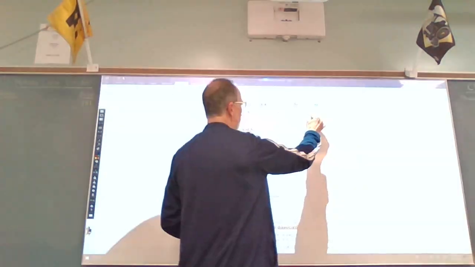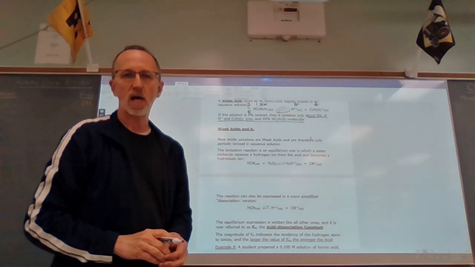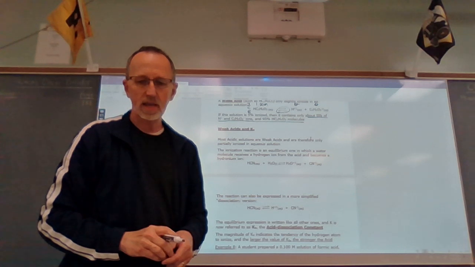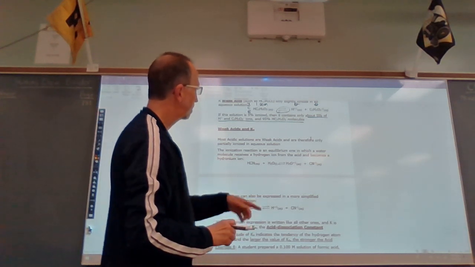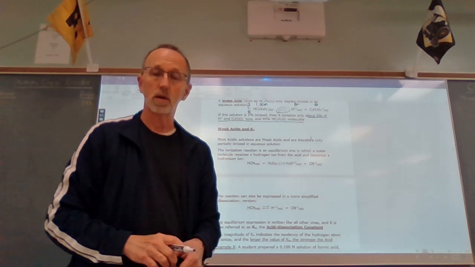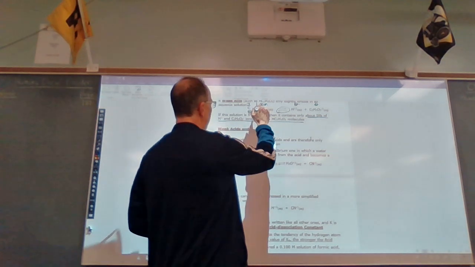And according to this particular example, if 95% of those molecules remain unionized or undissociated, then that means at equilibrium 95% of 1.00 molar would still be unionized molecules, which would be 0.95.